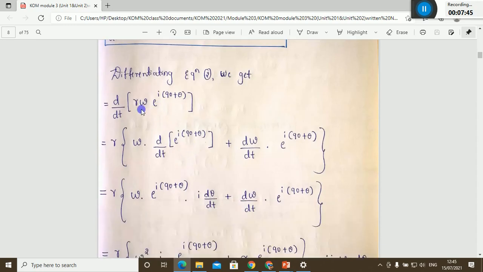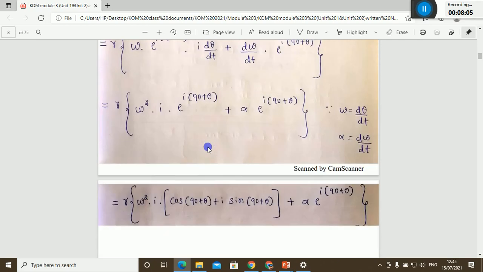Use the chain rule, keeping the constant outside the bracket, and you'll get this equation. Just simplify. Keep omega as it is, differentiate this one, plus keep this part as it is and differentiate omega. I hope you already know the differentiation.